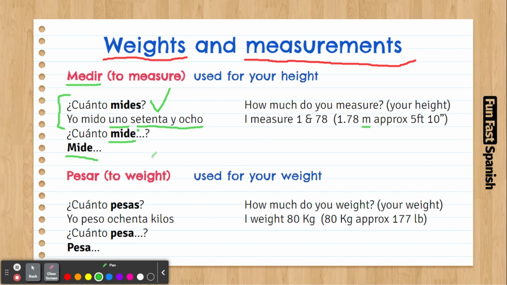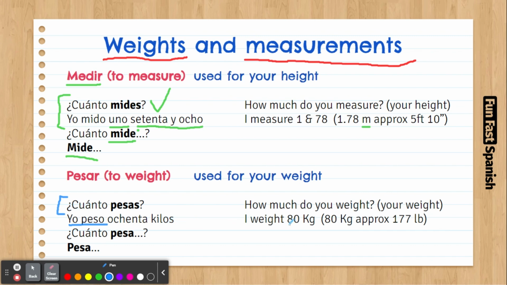Now, if we talk about weight, if you go to the doctor and they ask, "Oh, what's your weight?" it's very similar. We use cuánto pesas. So how much do you weigh? And then you're going to say yo peso 80 kilos, 80 kilos. Again, here, kilos and pounds.